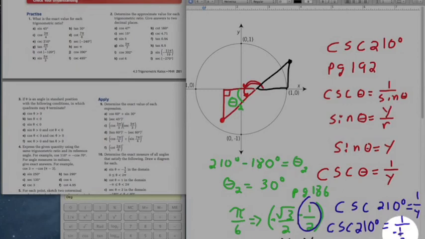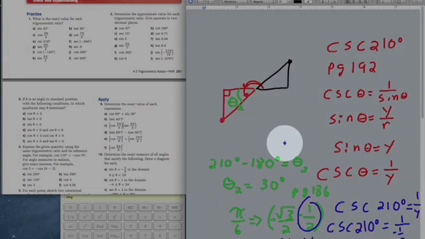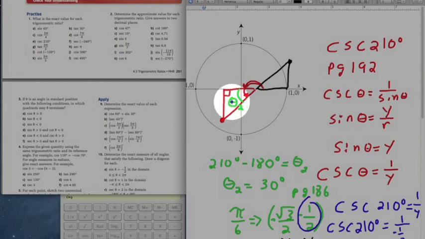Now, 1 over a fraction creates a reciprocal, so all we do is flip this, so it's going to become negative 2 over 1, or what we can say is that cosecant of 210 degrees is equal to negative 2. This is in the third quadrant, so that makes sense. So cosecant of 210 degrees is negative 2.